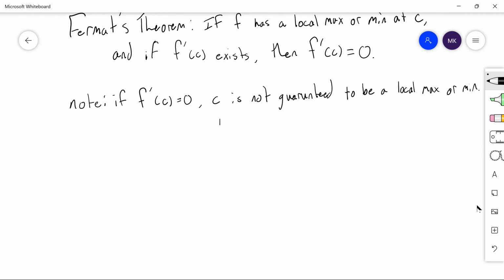And for an example, we can just think of x cubed.